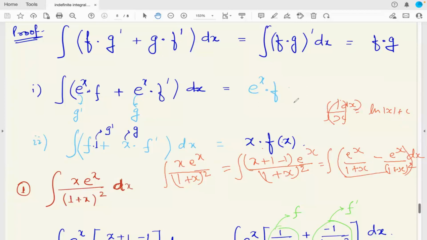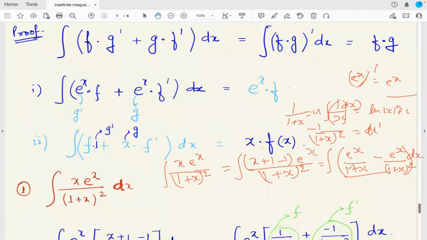And now look here. If we assign 1 by 1 plus x as u, we know that its differentiation is minus 1 by 1 plus x whole square, right? This is its differentiation. And the differentiation of e to the power x will remain e to the power x.